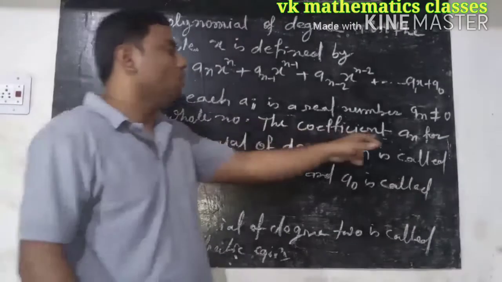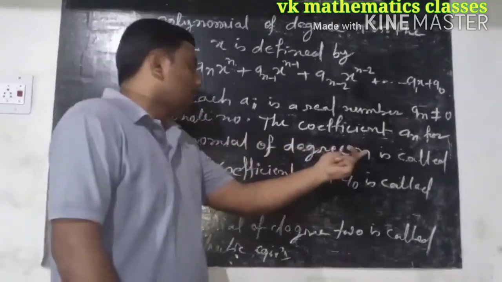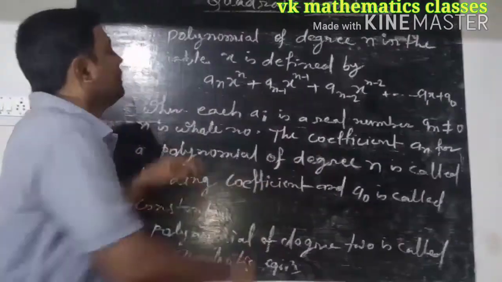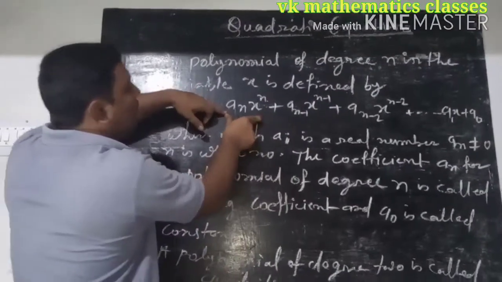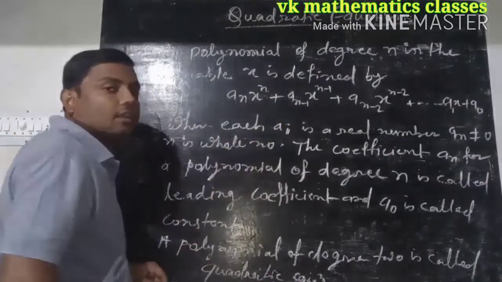The coefficient a_n for a polynomial of degree n is called the leading coefficient. This means the term of the polynomial which contains the highest power of variable.